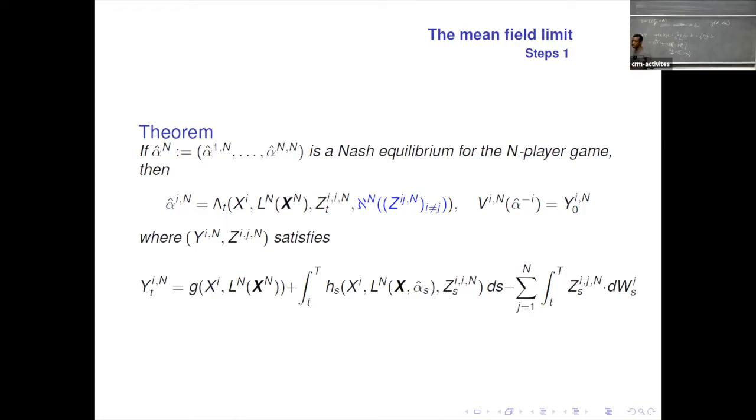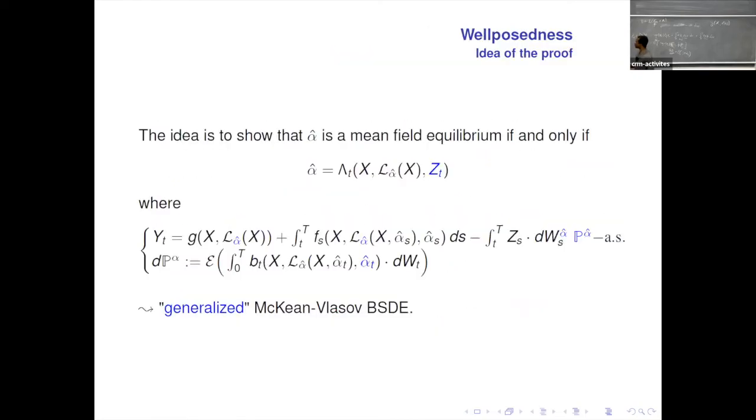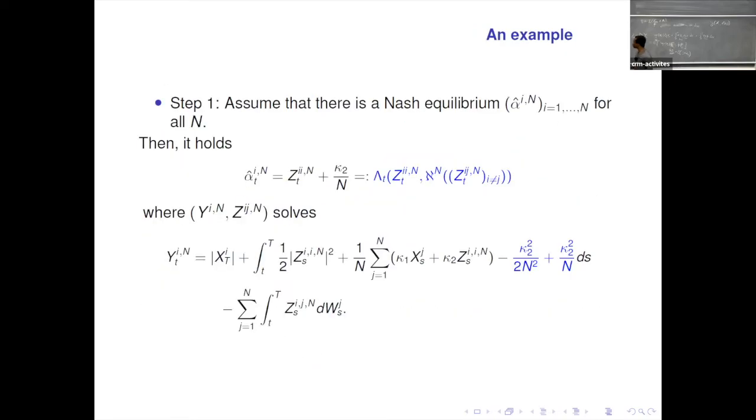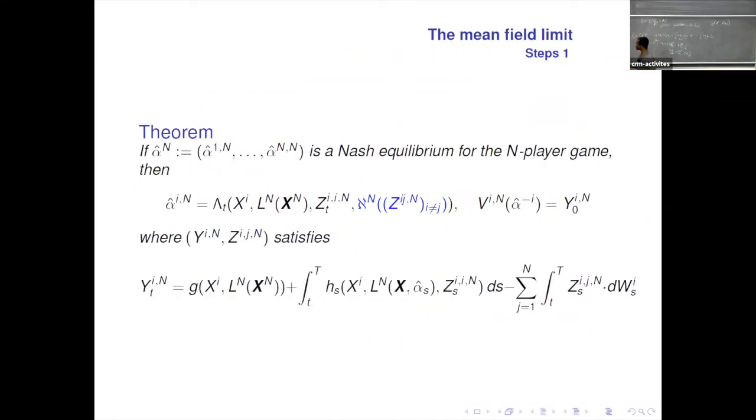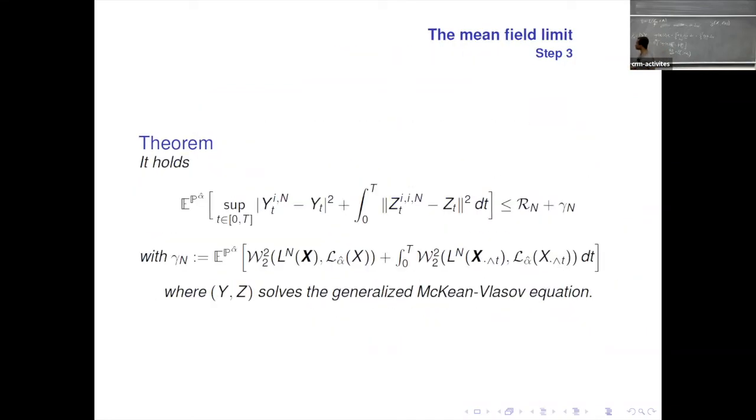And by the way, when I don't have control interaction, like you saw in the example, let me go further back. This annoying term is in terms of kappa 2, which is the control interaction. It turns out that this is really where the difficulty lies. Okay, so we have this characterization result, and then we prove propagation of chaos with a given rate.